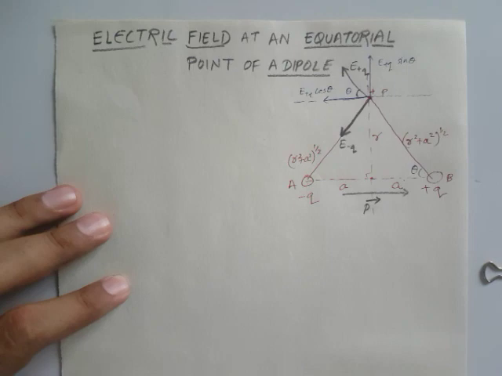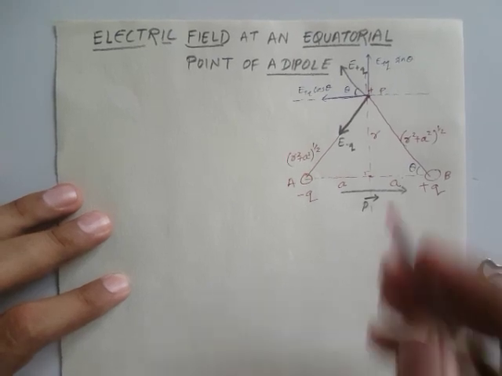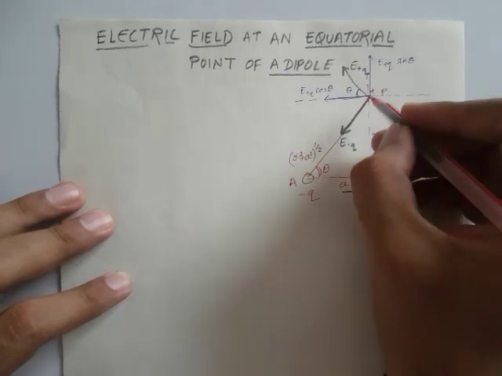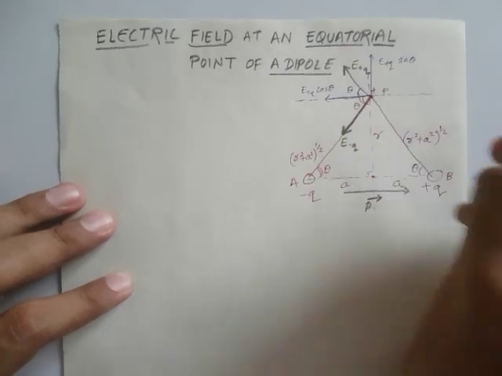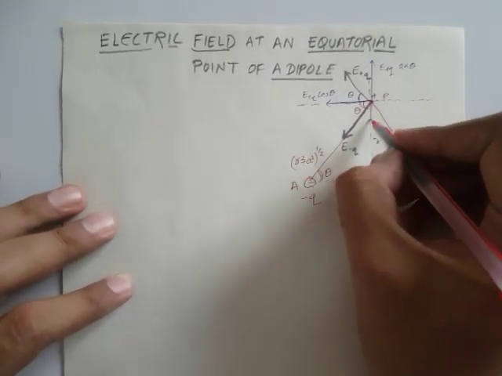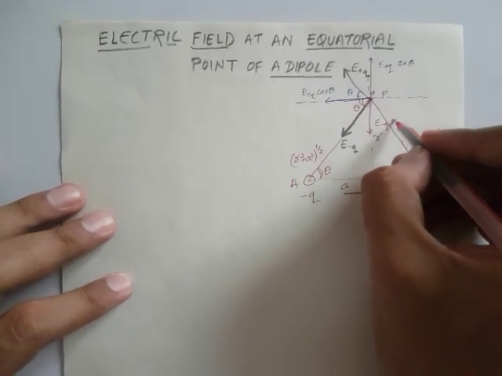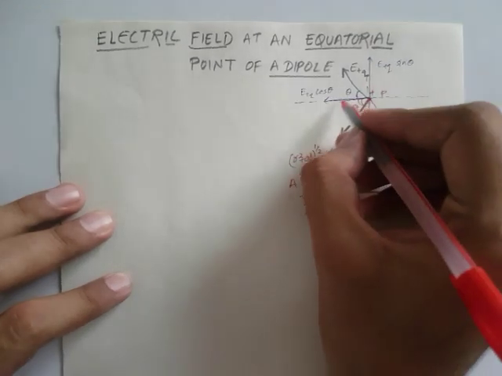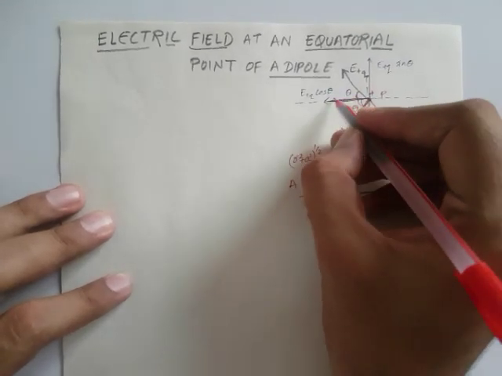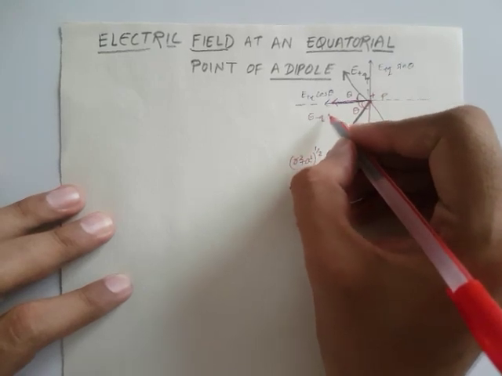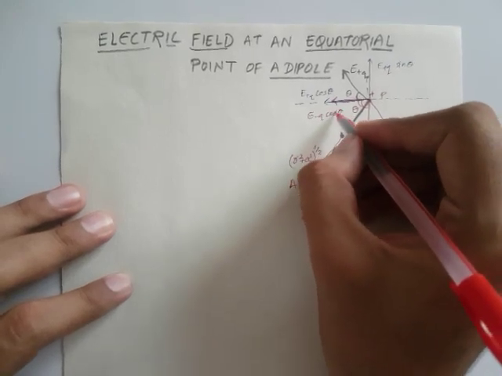In the same way I will draw for the negative charge. What will we get? If this one is my theta, then the alternate angle is also my theta. Now if I draw a normal over here, then it is my E minus Q sin theta, and drawn here on the same line, overlapping each other, is E minus Q cos theta.